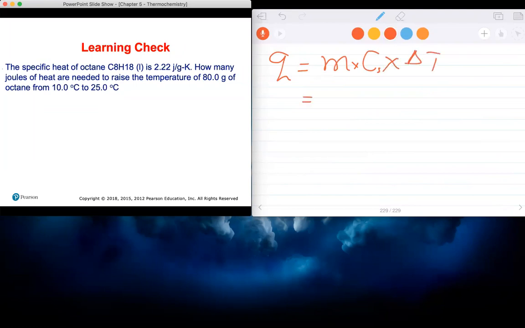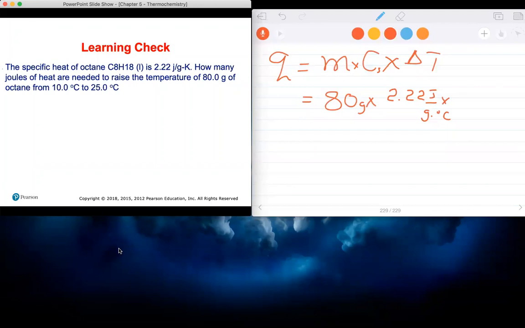This is 80 grams times the specific heat of octane, given as 2.2 joules per gram times degree Celsius. Don't worry about Kelvin, it's the same thing, don't change to Kelvin. A change in Kelvin will be the same as a change in Celsius. It will not affect anything.